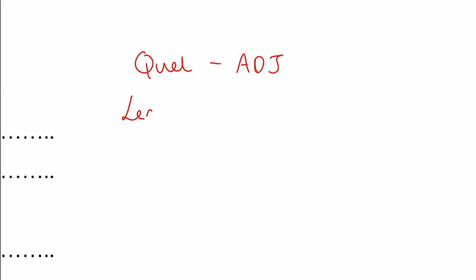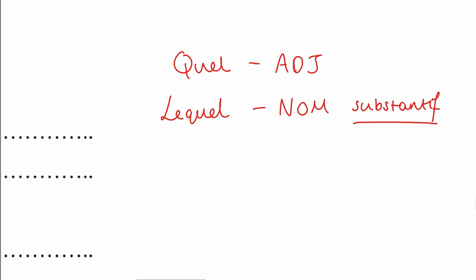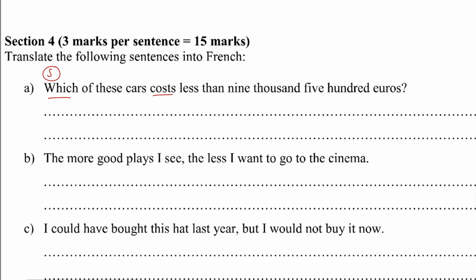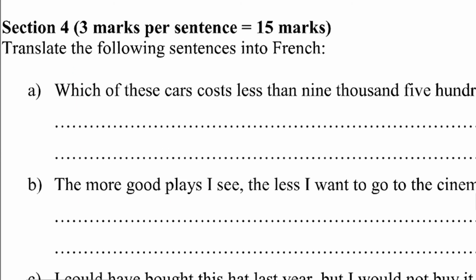So what I need to use is lequel, which is a noun, or a substantive, as some French people say, because it is something which can act as a subject or an object or whatever in the sentence. So we're going to use lequel, and because voiture is feminine, it's going to be laquelle.